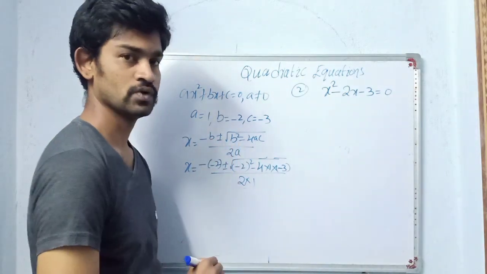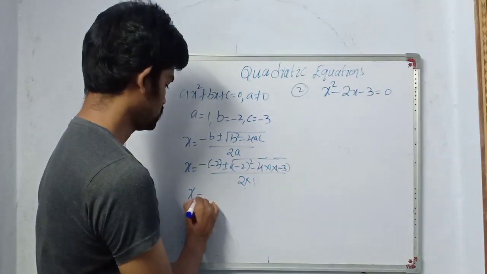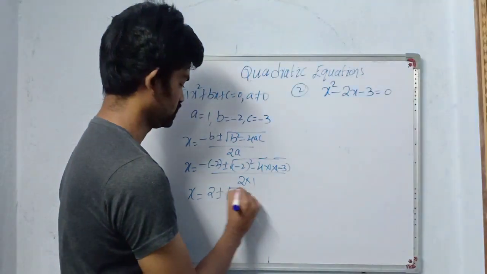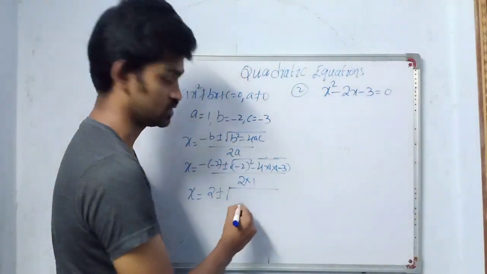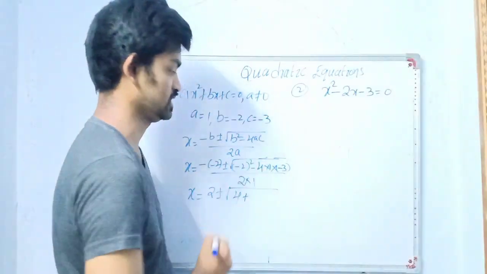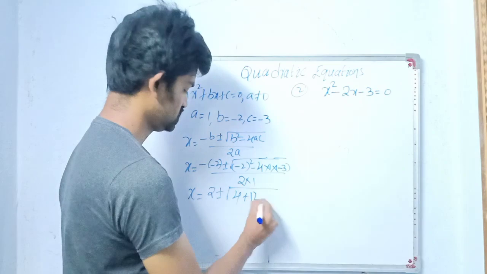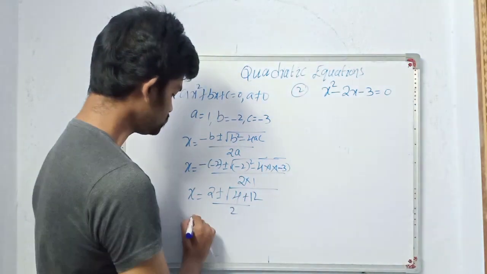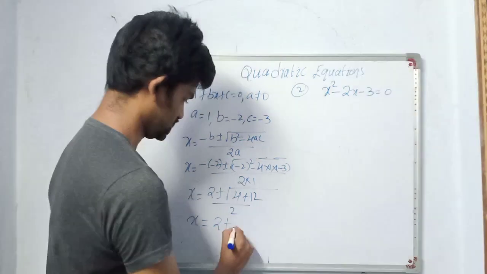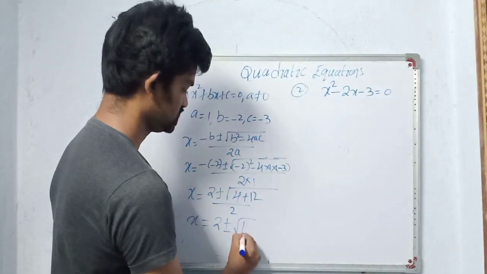So 2 into 1. Minus of minus 2 is 2. So plus or minus 2 whole square is 4. Minus of minus plus 4 3s is 12. X value is 2 plus or minus root over 4 plus 12 is 16.